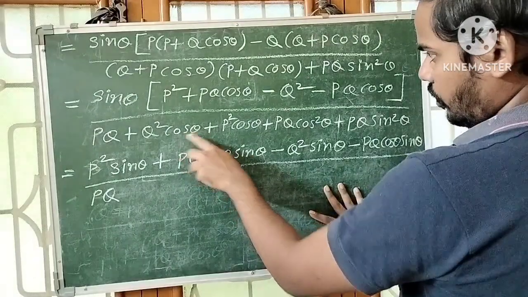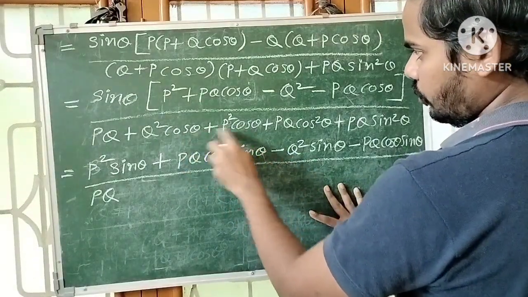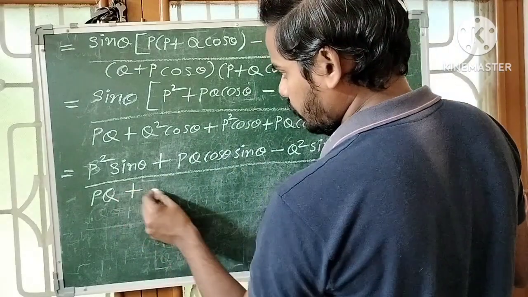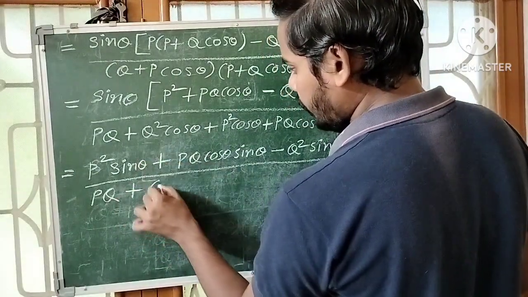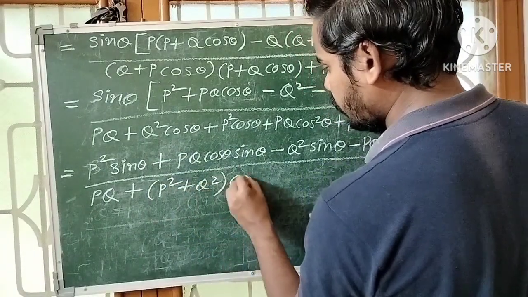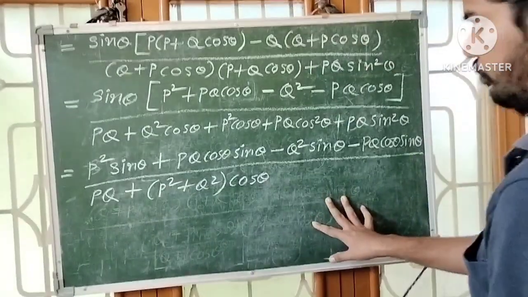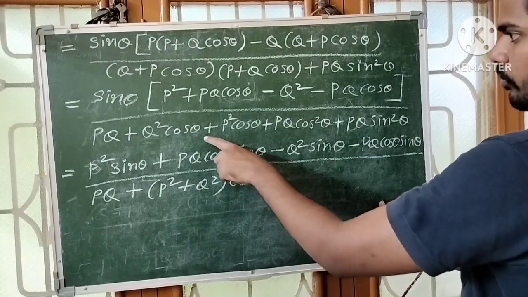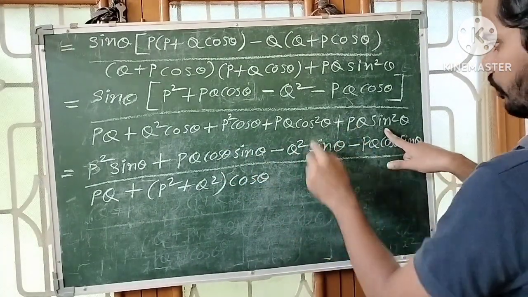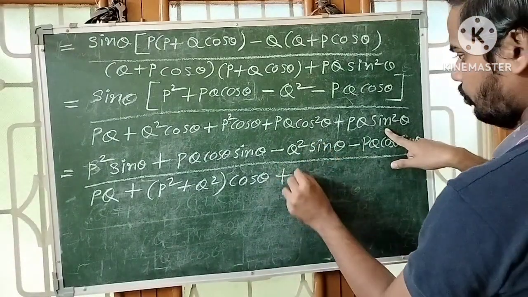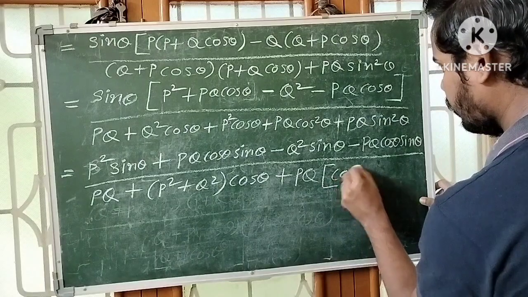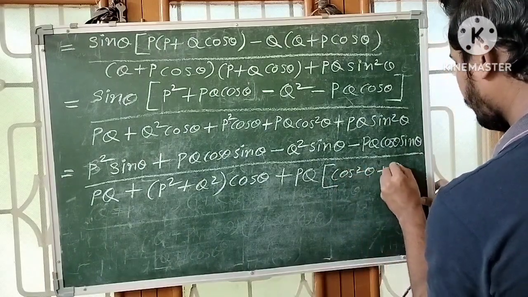Here cos theta is common in these two terms. Take out cos theta, so cos theta common and the remaining terms p square plus q square. And here pq is a common factor, and the remaining terms cos square theta plus sin square theta.